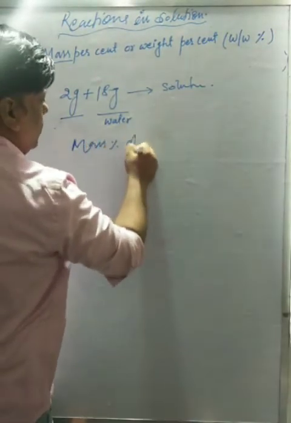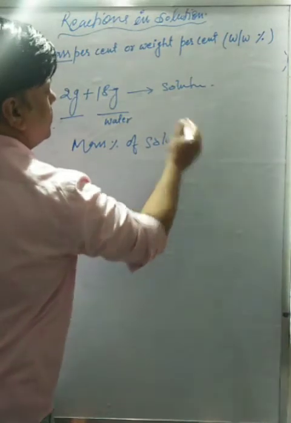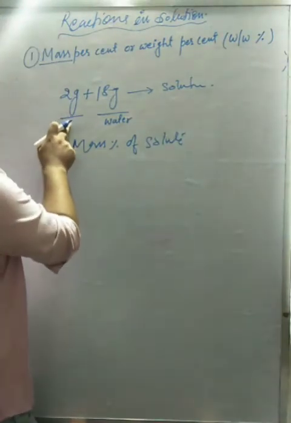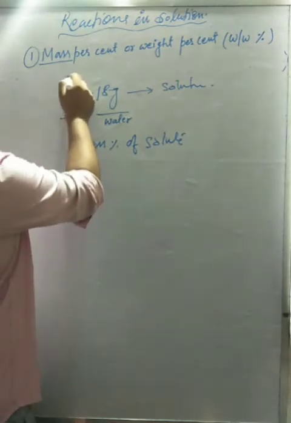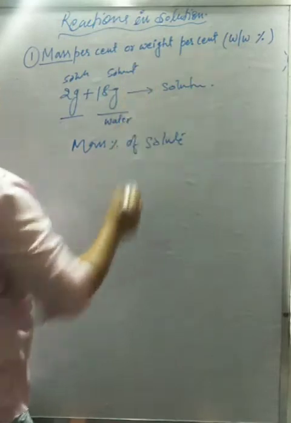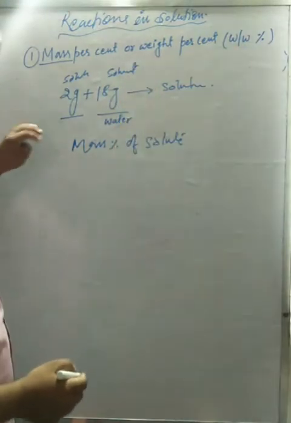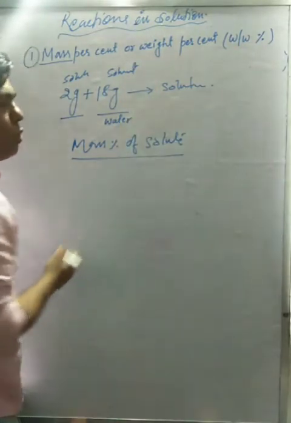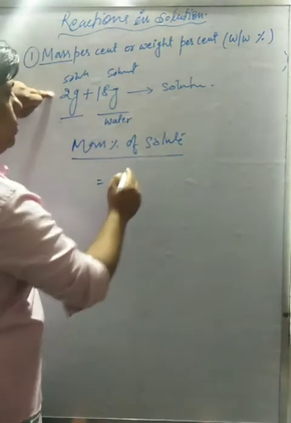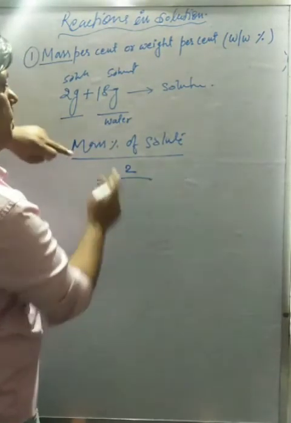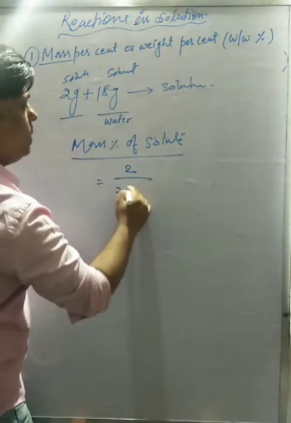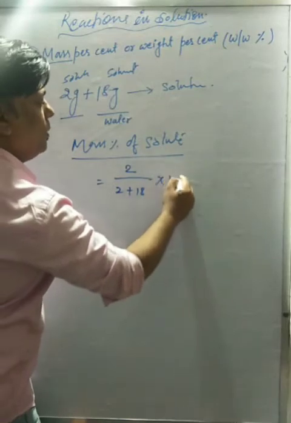Mass percent of solute. Here the mass of solute is 2 gram and the solvent is 18 gram. How to calculate the mass percent of solute? Mass of solute, 2, divided by mass of solute plus solvent, 2 plus 18, into 100.